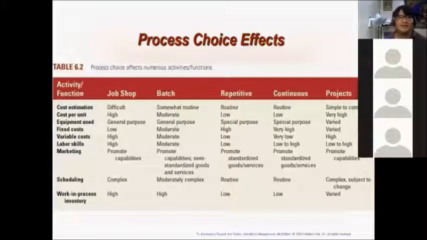And when it comes to equipment use, in a job shop, the equipment used should be general purpose. What does general purpose machines or machineries mean? Okay? These are machines you can use in different applications. Unlike repetitive and continuous, the machine should be designed for that certain operation.